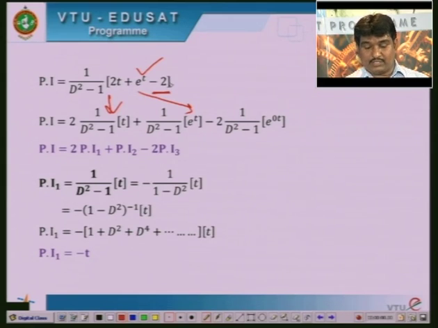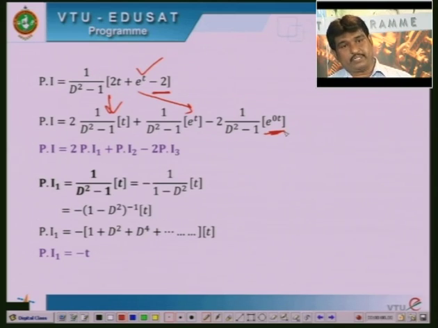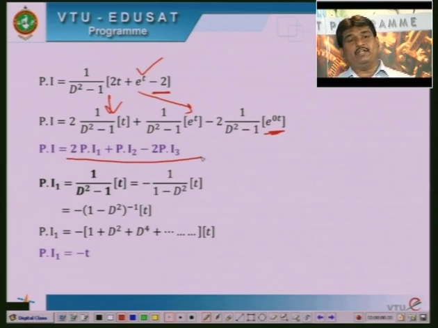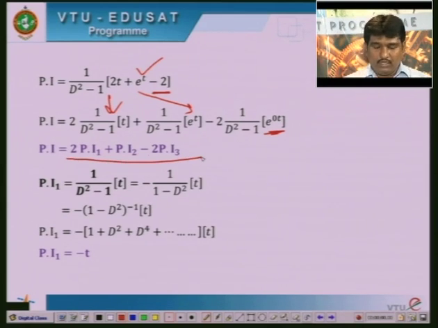I can write this as 2 into e to the power of 0t. So the first term is a polynomial type, type 3, and the next two terms are related to type 1, which is the e to the power of at plus b form. You can write PI as 2 times PI1 plus PI2 minus 2 times PI3. Let me find all these things separately.